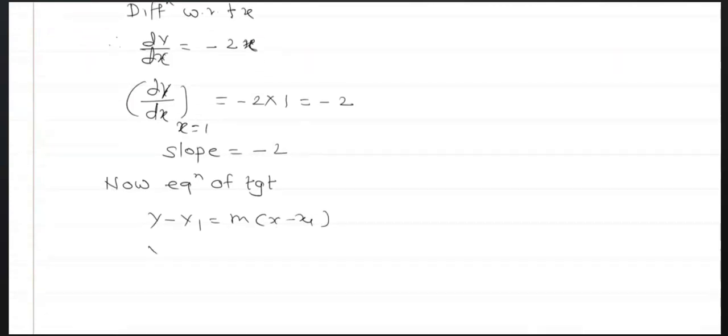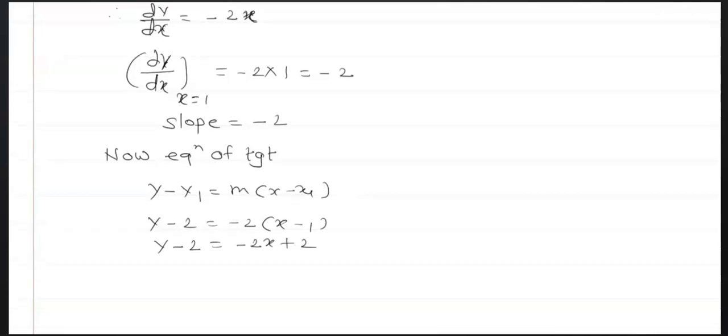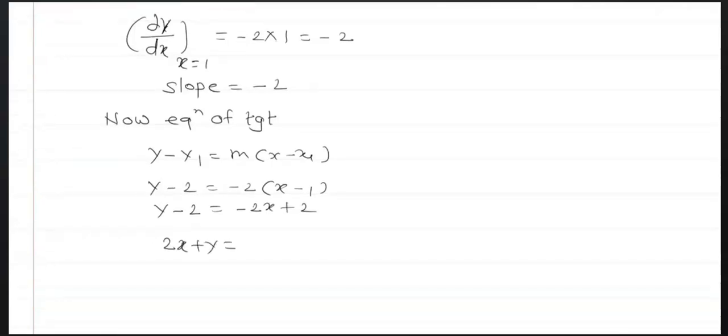Now the equation of the tangent: y minus y1 is equal to m in bracket x minus x1. y minus 2 is equal to minus 2 in bracket x minus 1. y minus 2 is equal to minus 2x plus 2. Therefore, 2x plus y is equal to 4. This is the equation of that tangent.